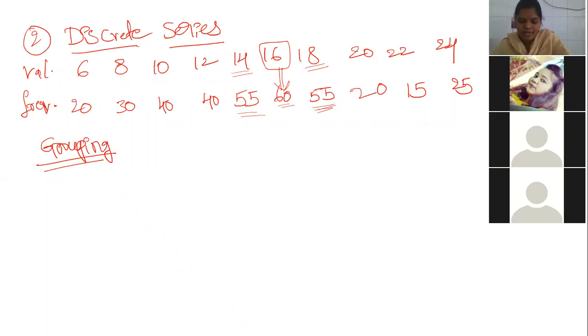In the grouping method, just write down 6 points. These 6 points are very important. You all should keep them in your minds. A grouping table is having 6 columns.